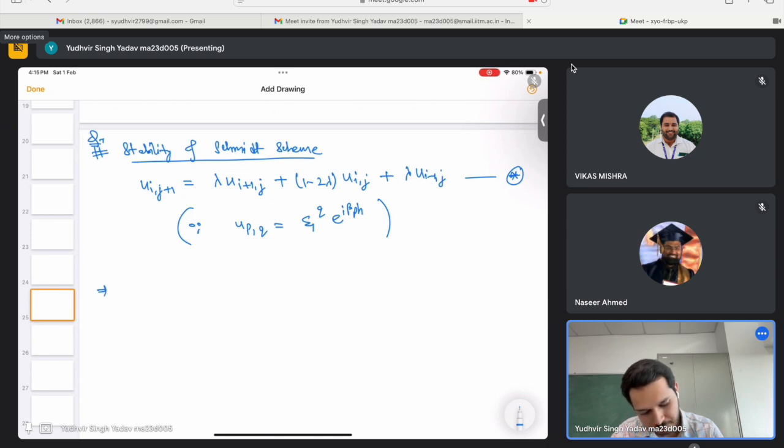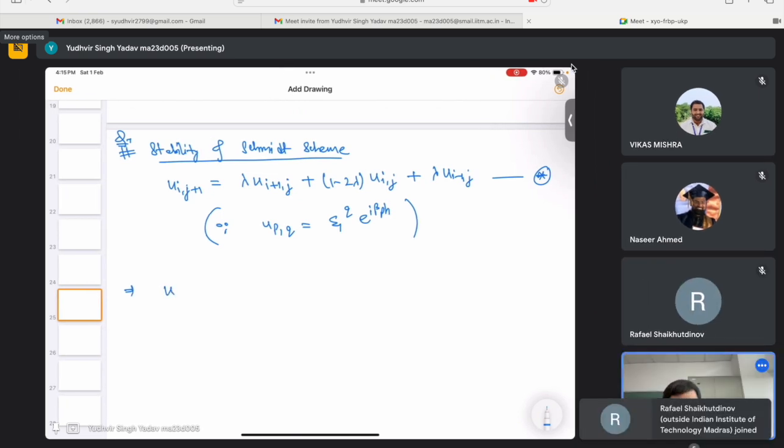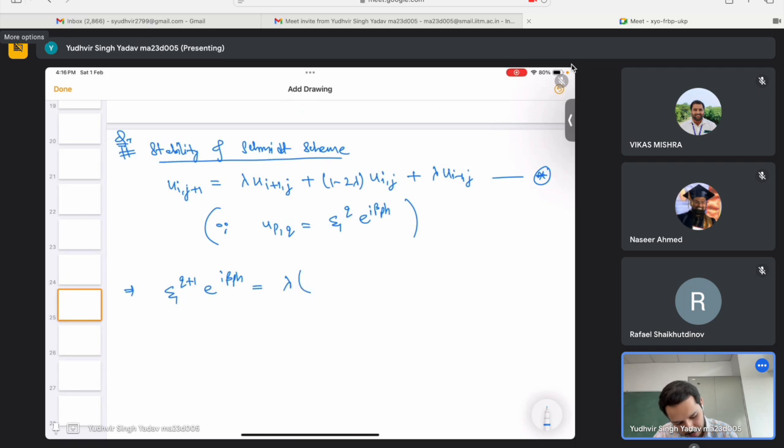So it will become, from the first term, xi^(q+1) e^(iota beta ph) equals lambda xi^q e^(iota beta (p+1)h) plus (1 - 2 lambda) xi^q e^(iota beta ph) plus lambda xi^q e^(iota beta (p-1)h).